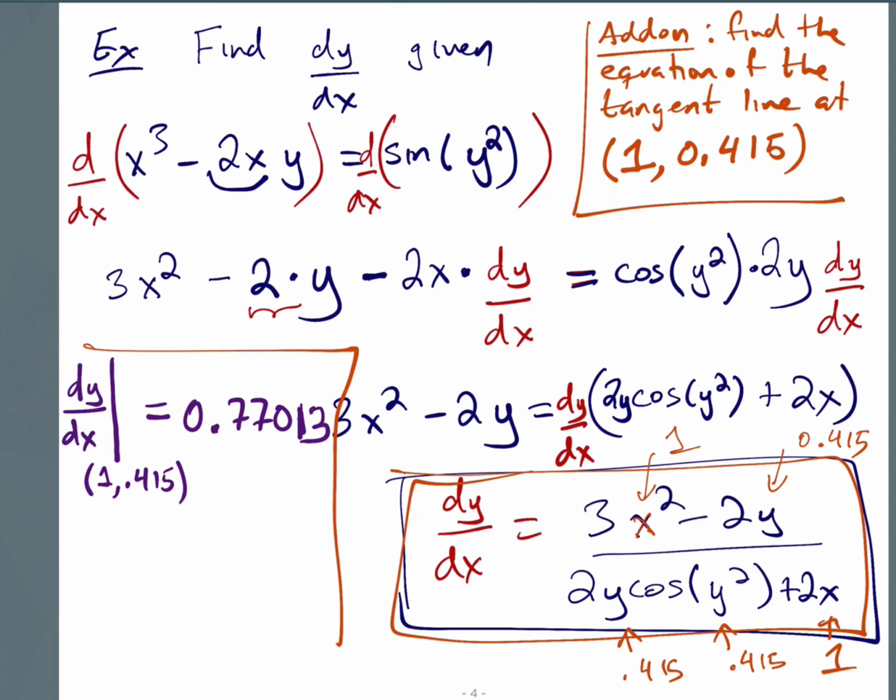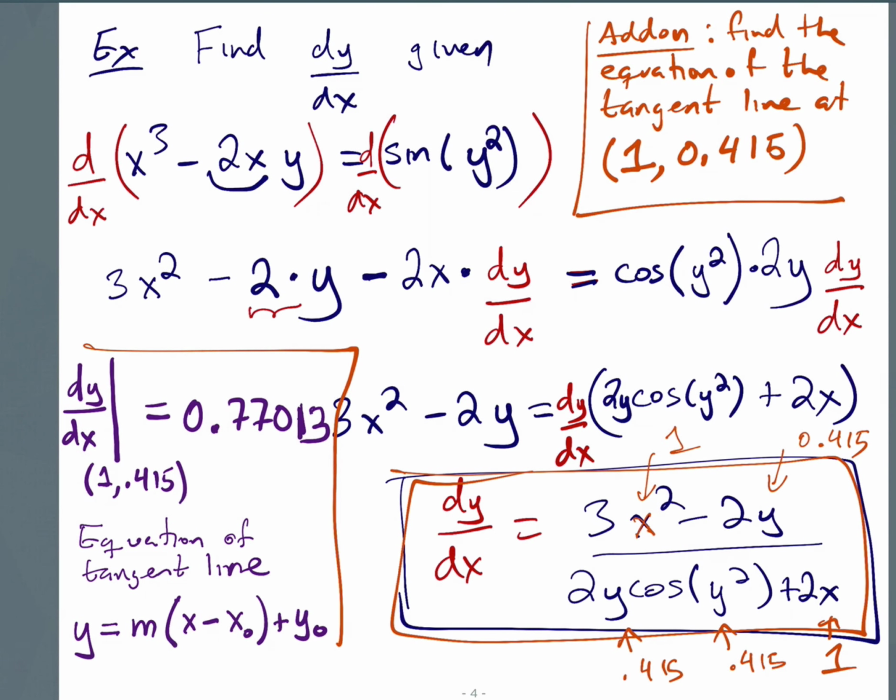Solve for the line. So now we can write down the equation, right? So what's the equation of the tangent line? Yeah, so there's 2 ways to write it. Since I'm running low on space here, I'm going to do this one. M times x minus x naught plus y naught.